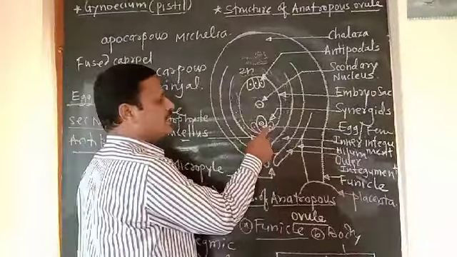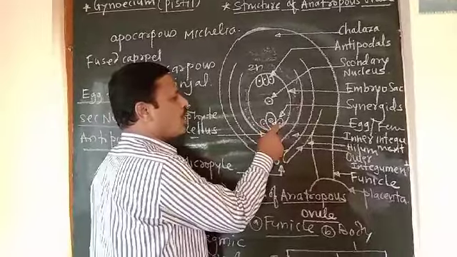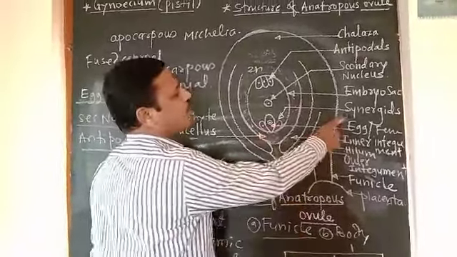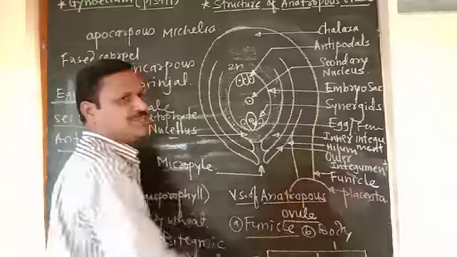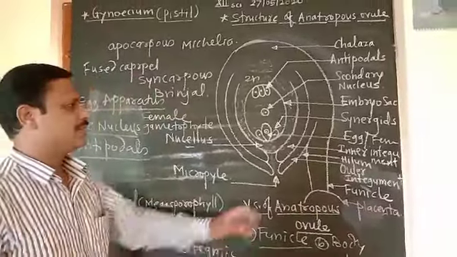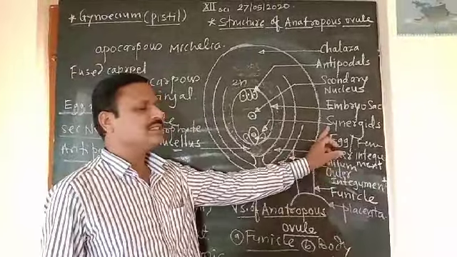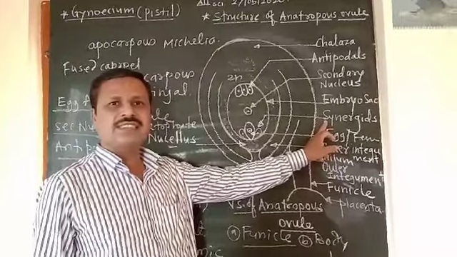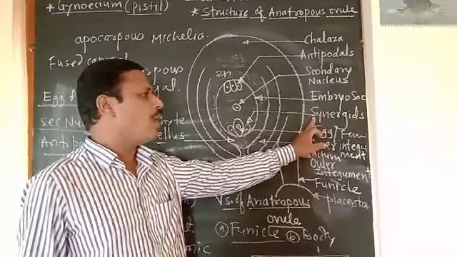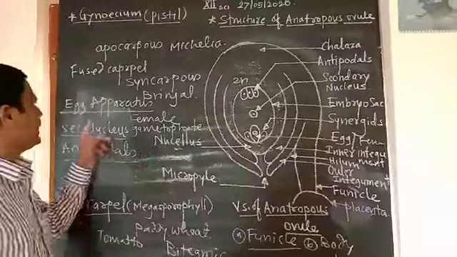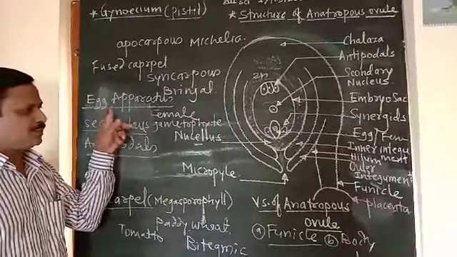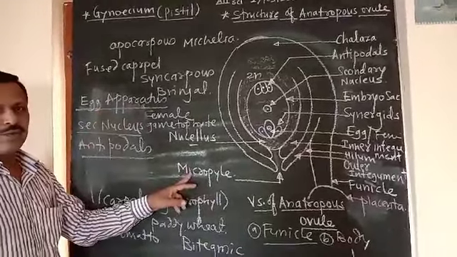The two lateral, smaller cells are called synergids. Thus, the egg cell and synergids come together to form the egg apparatus, which is present towards the micropylar end.